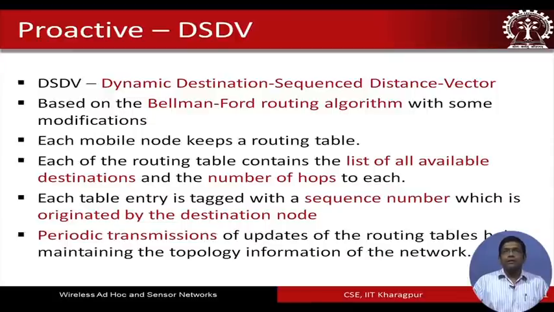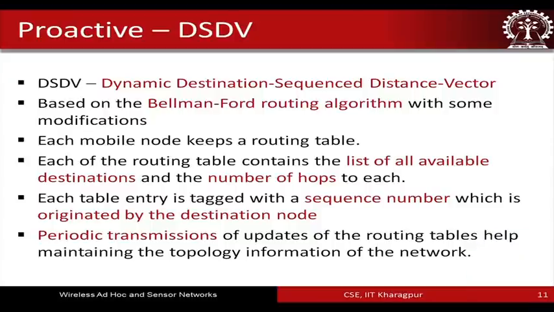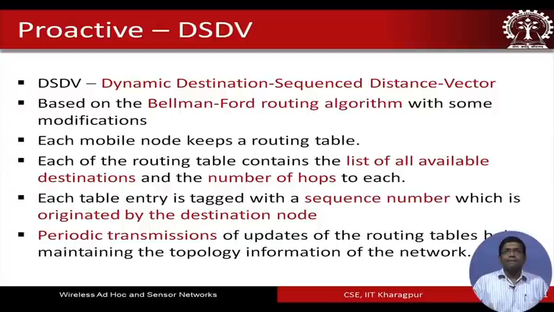The first routing protocol that we are going to go through is a proactive routing protocol known as DSDV, the Dynamic Destination Sequenced Distance Vector Routing Protocol. But keep in mind that, whether it is DSDV or the other protocols that I am going to cover shortly and in the next few parts of routing in MANETs, we are not going to go through each of these routing protocols step by step, because that is not required.